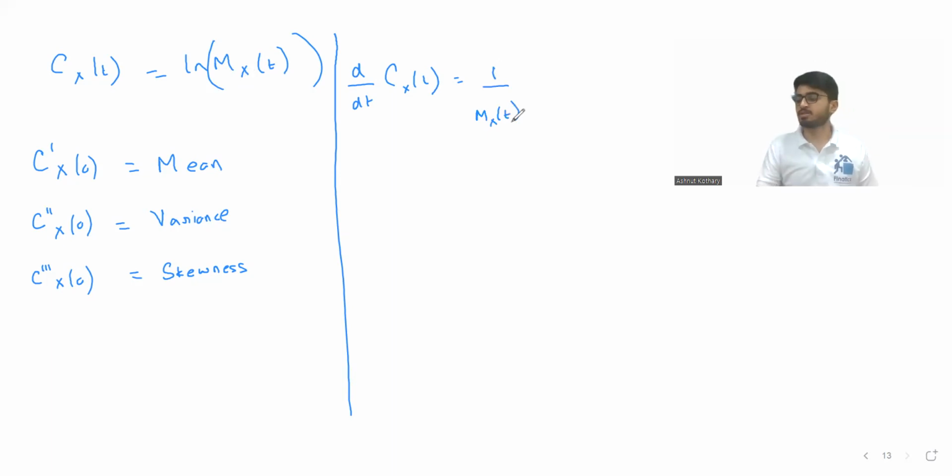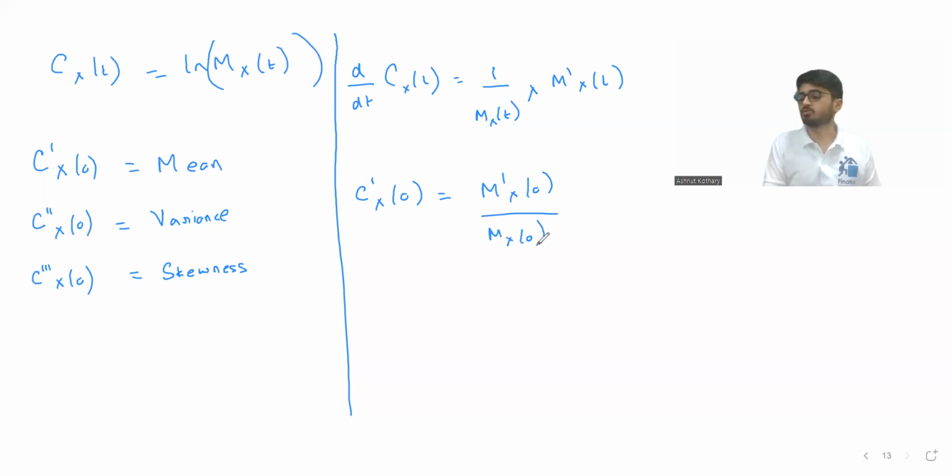Remember that differentiation of ln f(x) is 1 by f(x) into f'(x). Now when I evaluate this at the point t equal to 0, I am left with M'_X(0) by M_X(0). And we have quoted the result that M_X(0) is nothing but 1.